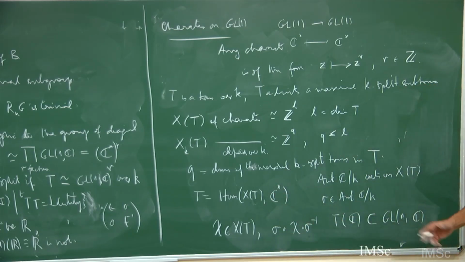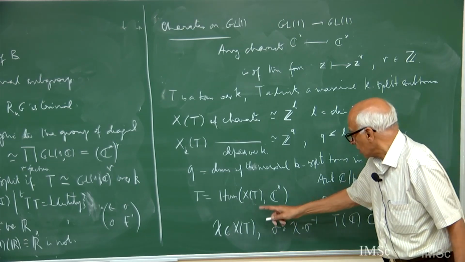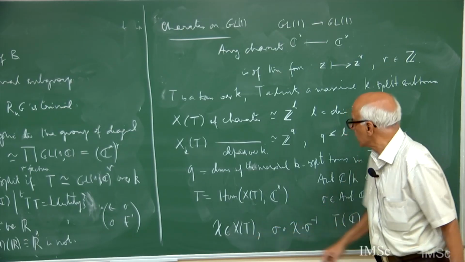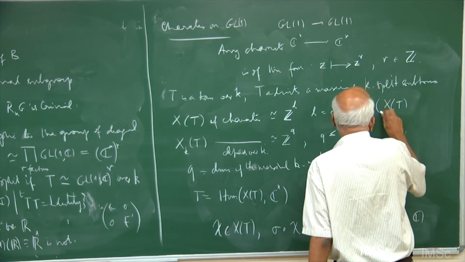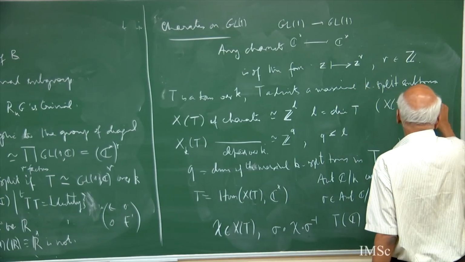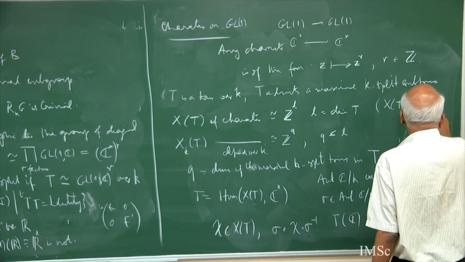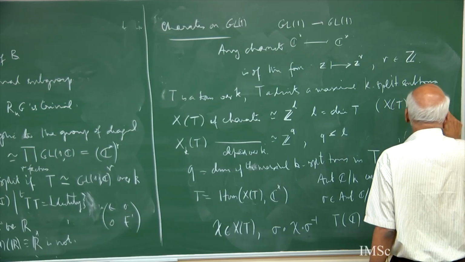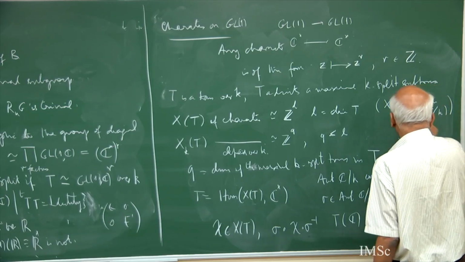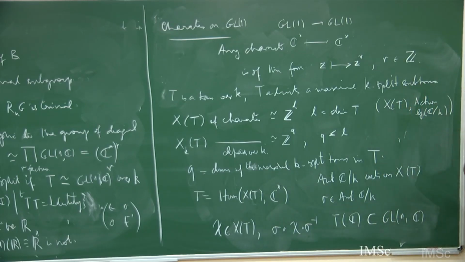If you do that, you get an operation of the Galois group on the space X(T). So X(T) has an action of the Galois group, I'll call it G(C over K). From this pair you can recover T. That's all. The point is this: how do you recover T?